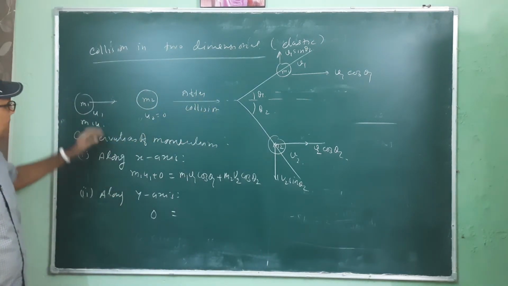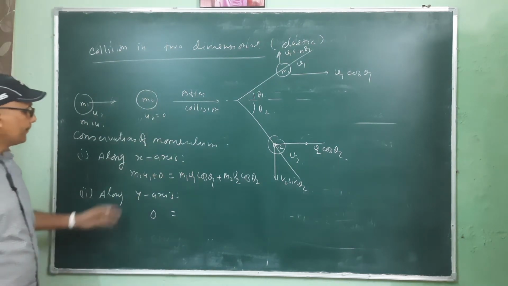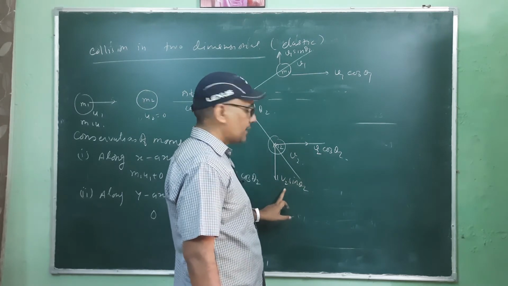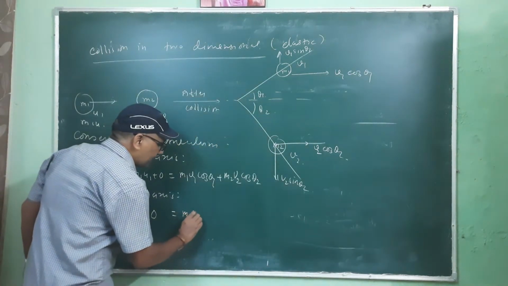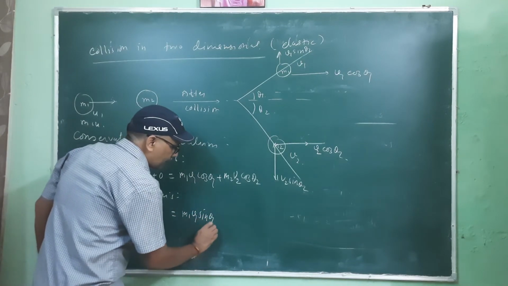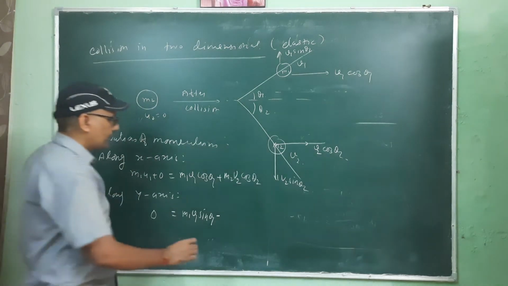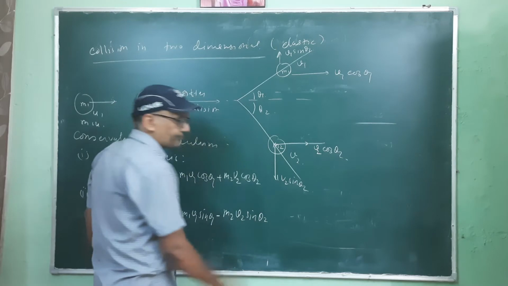The final momentum is v1 sin theta 1 and v2 sin theta 2, and both are in the opposite direction. So this is m1 v1 sin theta 1 minus, one minus sign will be there because the direction is opposite, m2 v2 sin theta 2.